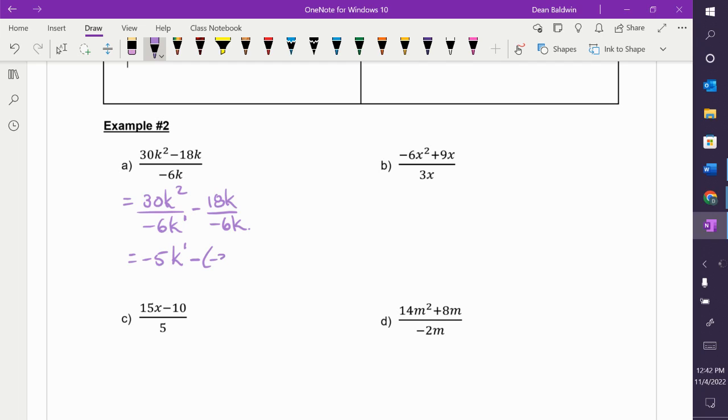Negative 3. And k over k? What do you do with the exponents? You would subtract them, right? What's 1 minus 1? 0. So what's anything to the 0 power? 1. So you don't have to write it. Okay? Perfect. The last thing is if you have two negatives, what does that become? So the answer is negative 5k plus 3.